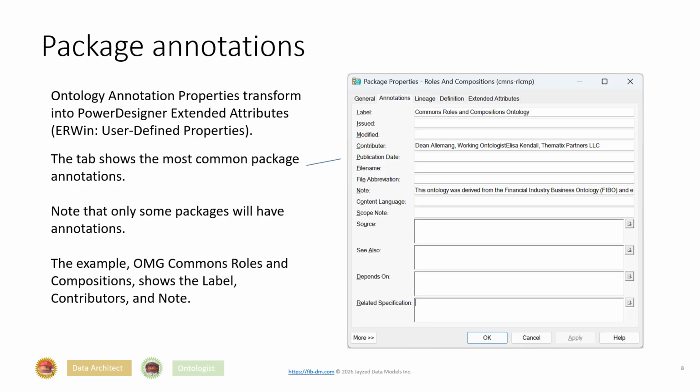Only some packages will have certain annotations. For example, OMG Commons roles and composition show the label, contributors, and the note, but for roles and compositions, annotations like file name, see also, depends on, are not documented. They're not needed, but some other packages may have a particular package annotation.